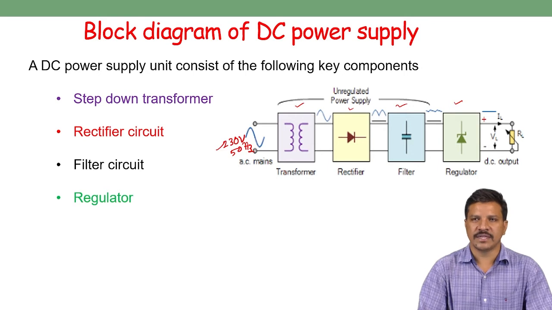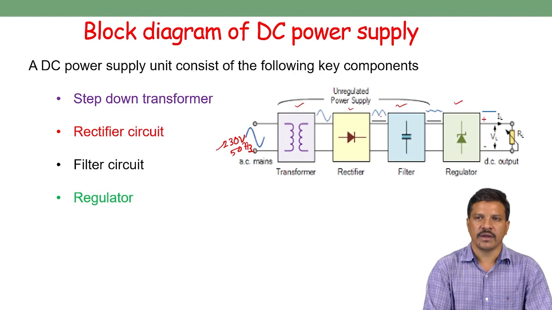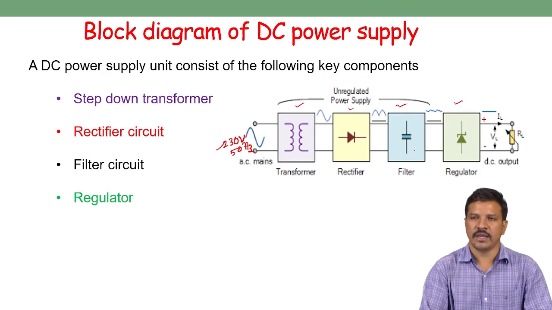Then the output of this lower value AC signal is given to the rectifier, where rectification takes place. The output of the rectifier has AC components and DC components, which is not required for electronic input. So we need to reduce those AC components available in the rectified output. That's why we go for filters, which may be different kinds of filters, and the output of the filter still has small ripples.